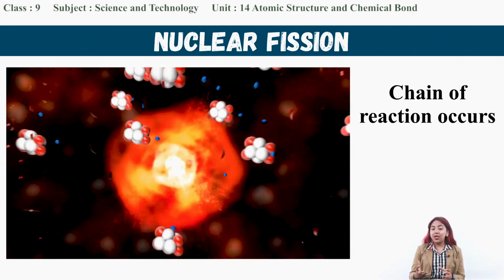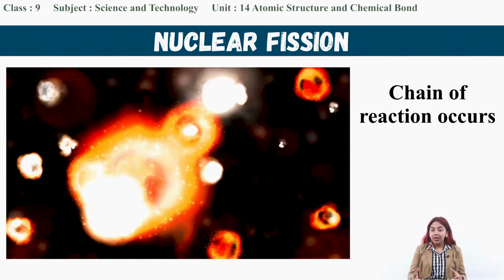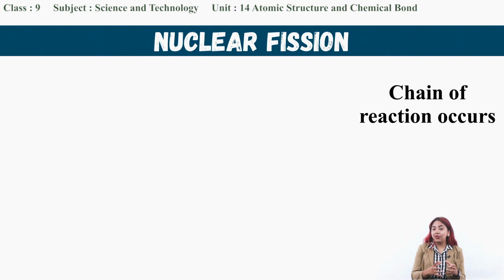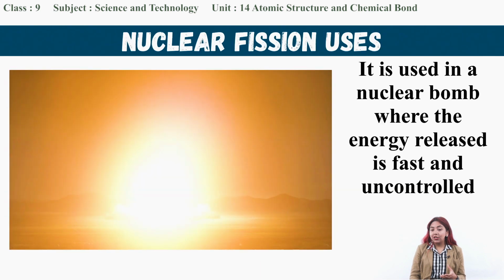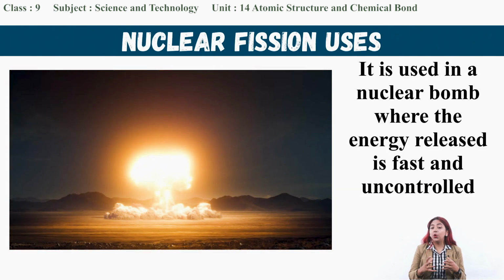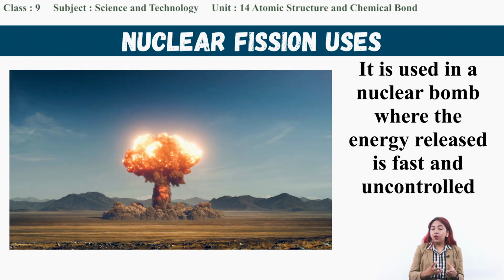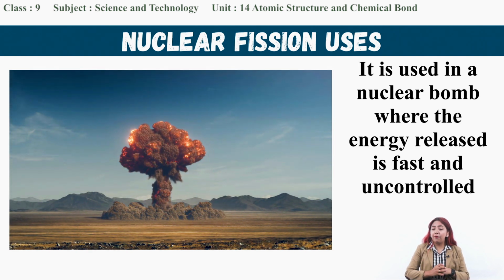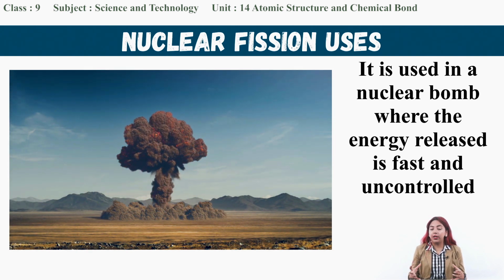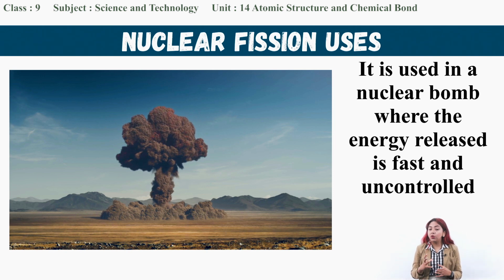Since a tremendous amount of energy is released, this type of reaction is also known as a chain reaction, and due to this tremendous energy, it is usually used as a nuclear weapon in forming a nuclear bomb, because the energy released is very fast and uncontrollable. So this is one use of nuclear fission reaction.